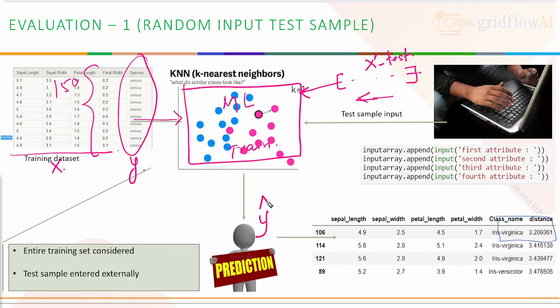Prediction is denoted by something like this in AI. So let's say the first time we ask the model to predict for this sample, we get some prediction here, and second we ask for this one and we get some prediction, and some prediction.